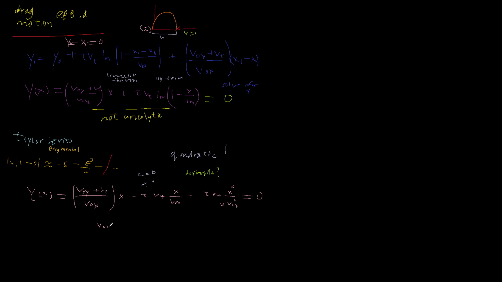It's going to be v_oy plus 1 minus tau v terminal, so we put this in on the inside, over v_ox times x, minus tau v terminal over 2 v_ox squared, x squared equals 0.